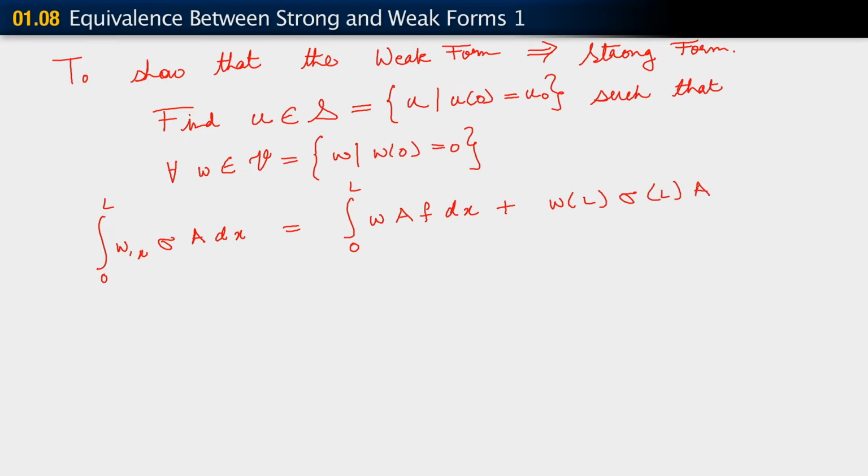All right, so we start from here and we want to get to the strong form. The approach that we take is essentially to step backwards relative to the approach we took in the previous segment. So that means we apply integration by parts to this term.